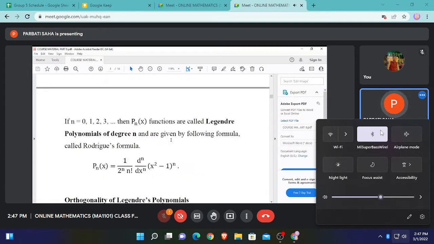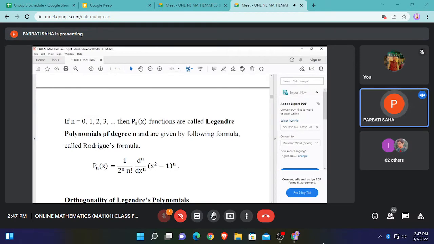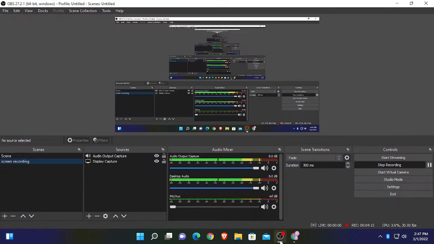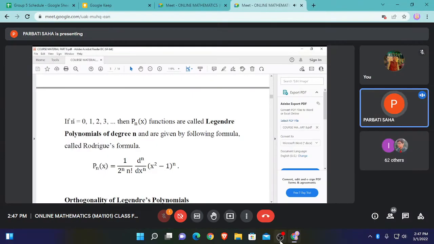Now this Pn(x) is called Legendre's polynomial of degree n when n is 0, 1, 2, 3, etc. That means n is 0 or a positive integer.